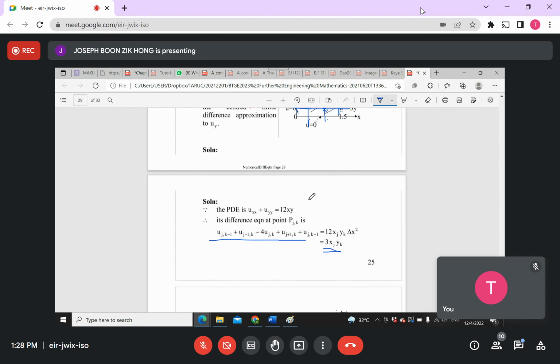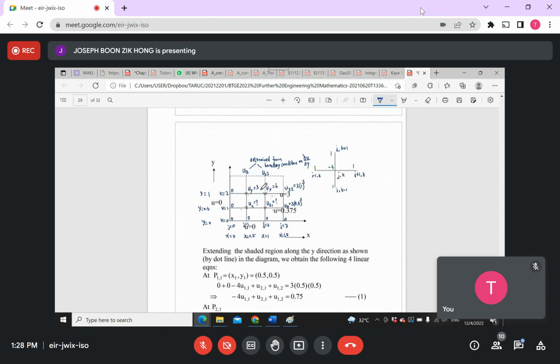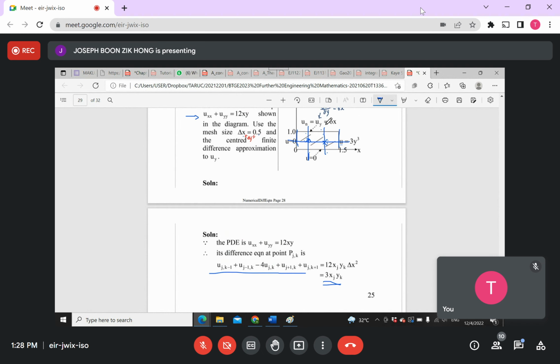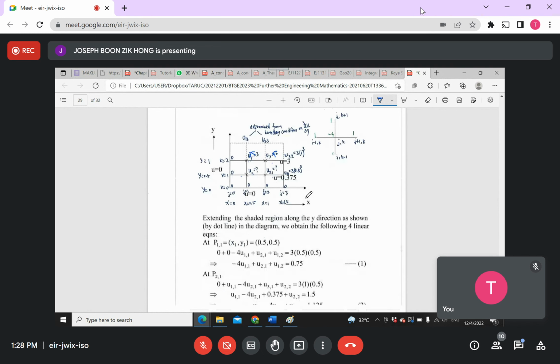Okay, this one, what they do here is a bit mistake. No need to find this one, this one. Okay, you just plug in these two by using the condition 6x, then you can directly get these 2 points, and then plug in this 4 value. Okay, this one we don't know, of course. We know this one, this one, this one. Okay, and plug in u21, and by using this one we form the first equation, and for this one also the same.